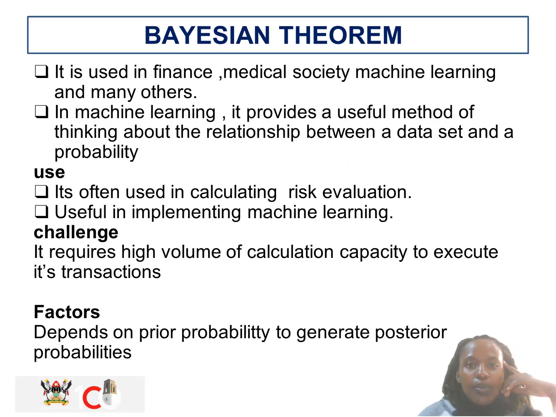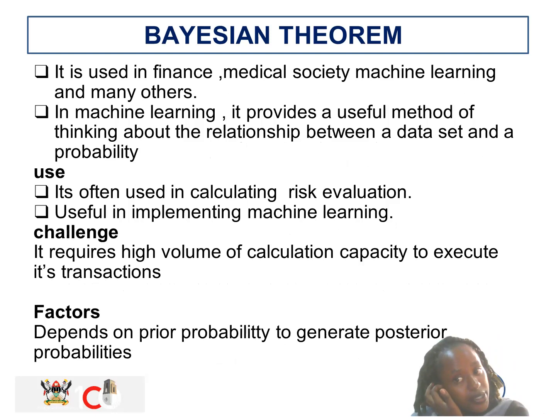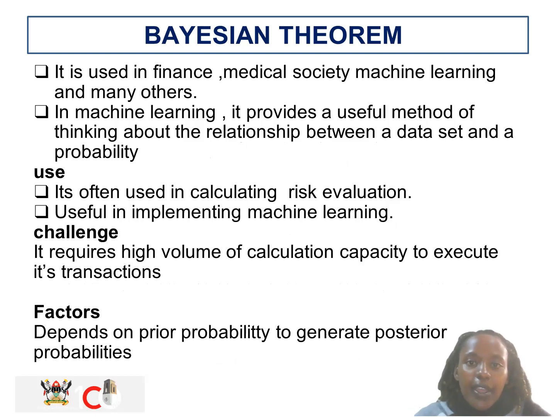Up next, I'm talking about how the Bayesian theorem is important. It is used in finance, the medical field, machine learning, and many others. As I told you, it's used in machine learning, and that's why I chose to use it in artificial intelligence. How is it used in machine learning?